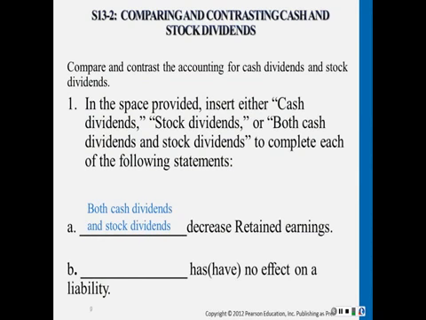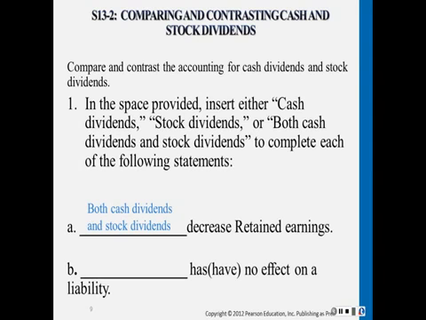Here's a short exercise, 13-2, which compares and contrasts cash and stock dividends. In the space provided, insert either cash dividends, stock dividends, or both cash dividends and stock dividends to complete each of the following statements.